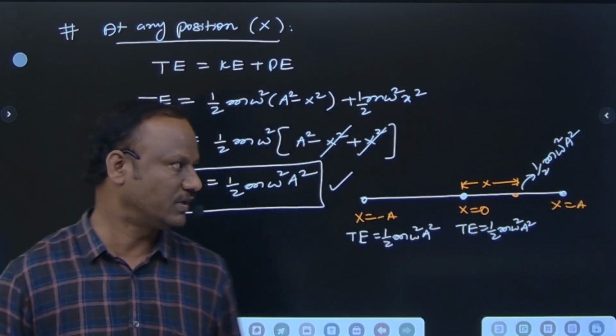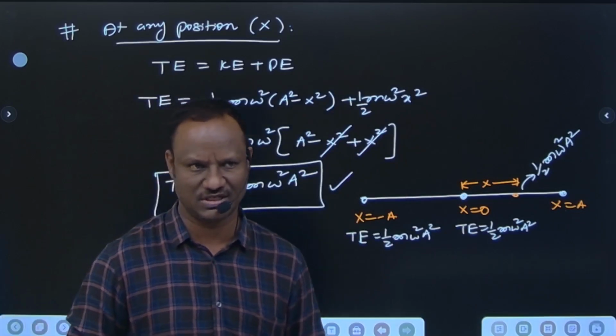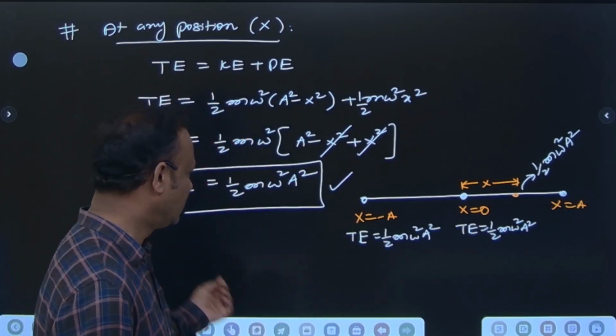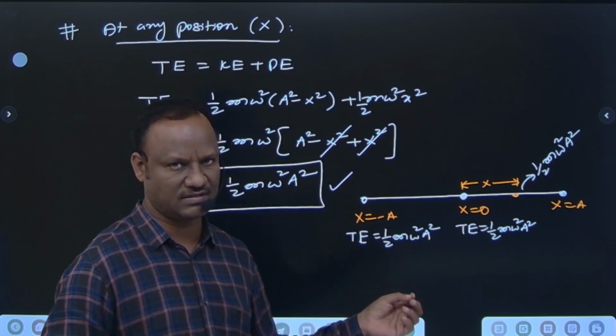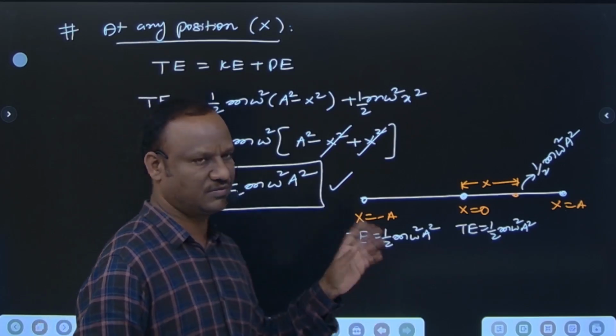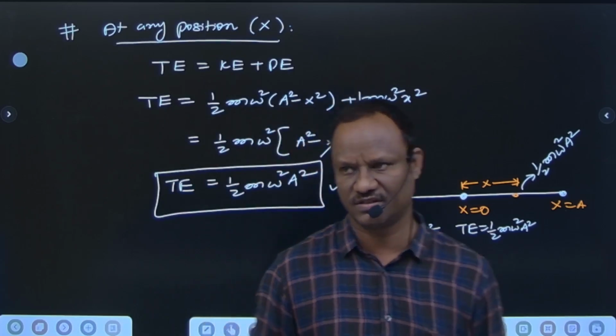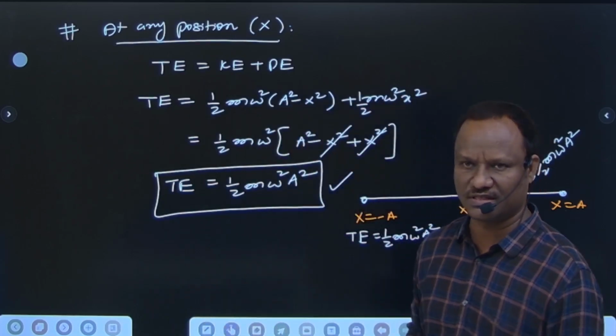And next, for the graphical representation, how do we draw the graph of total energy versus position? Already we have drawn kinetic energy versus position and potential energy versus position.